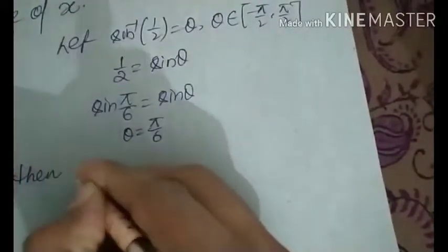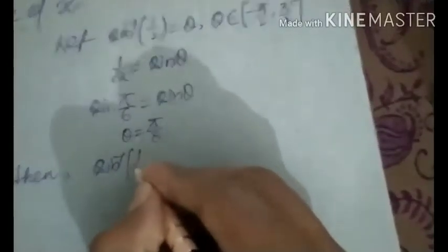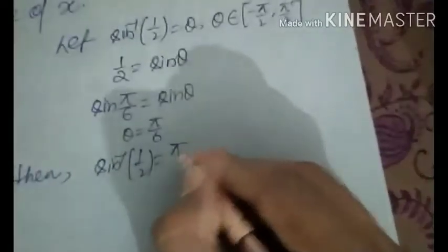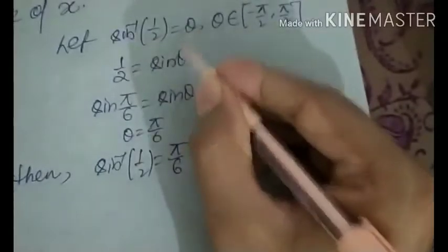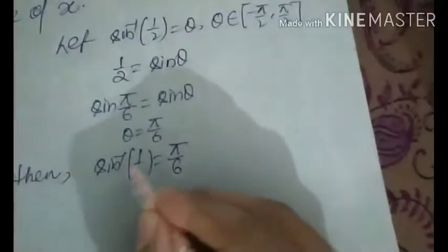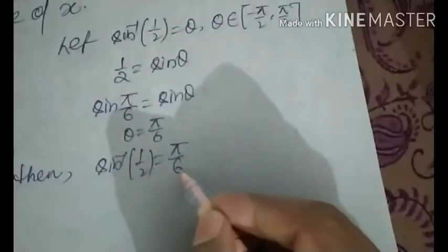Then we can write sin inverse 1 by 2 is equal to theta and theta is pi by 6. That's why sin inverse 1 by 2 is equal to pi by 6.